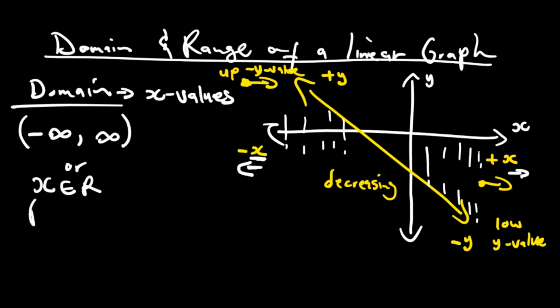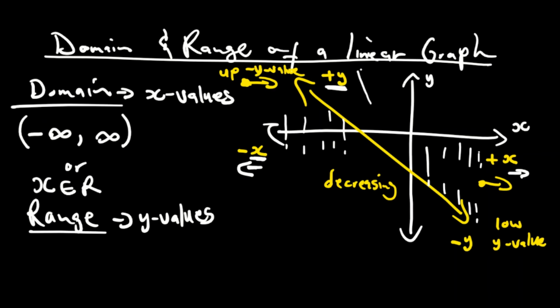Then to find the range, in the range we look at the y values, right? So the y values. So as you can see from this point here, the y values are positive, so they come from a positive value, and here they are negative, so they go to a negative value.